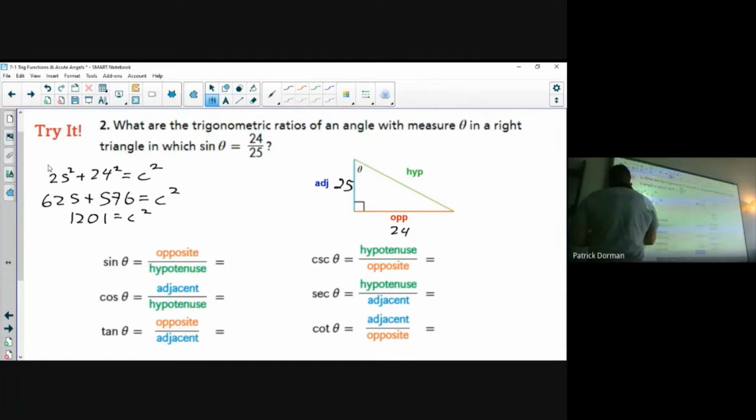And then we take the square root, and we're going to get about 34.655. Yucky. I thought they would have given a nicer one. Well, they didn't.